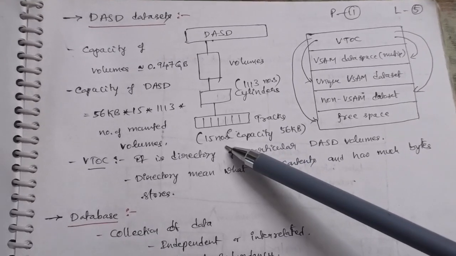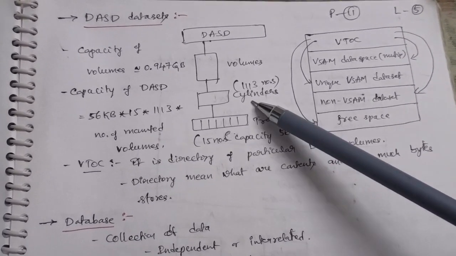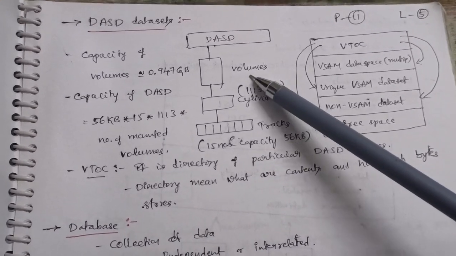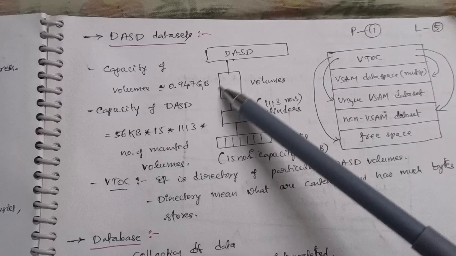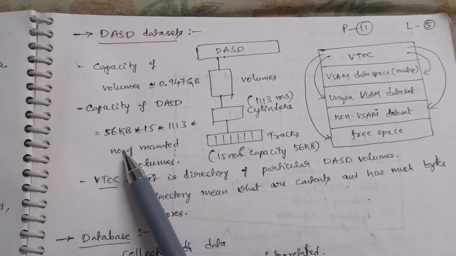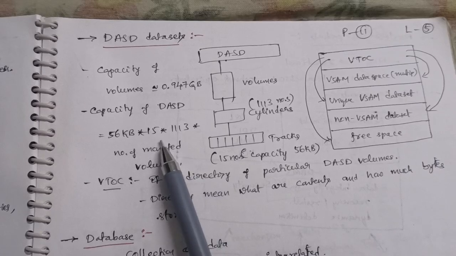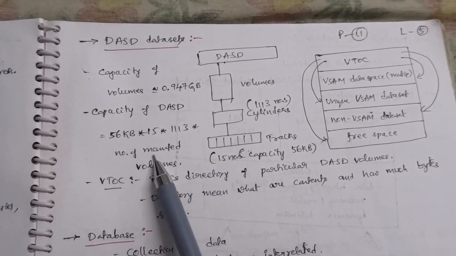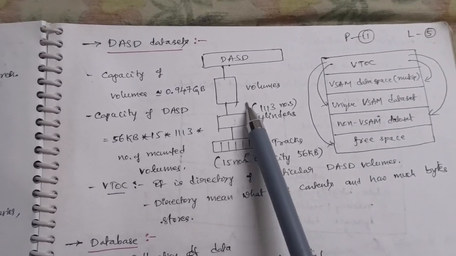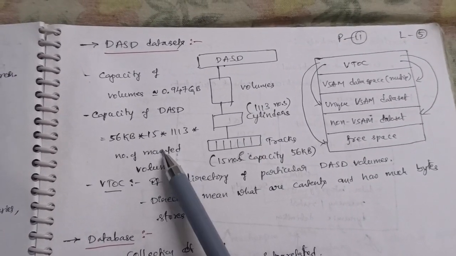Each track contains 15 with a capacity of 56 KB. After multiplying with the cylinders we get a volume, and finally a DASD. To calculate the DASD, we multiply with 56 KB. First we multiply the tracks and the cylinders, then multiply with the number of mounted volumes. Finally we get the capacity of the DASD.